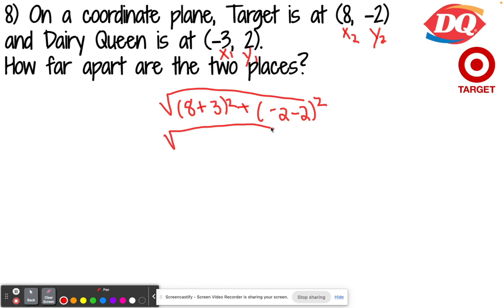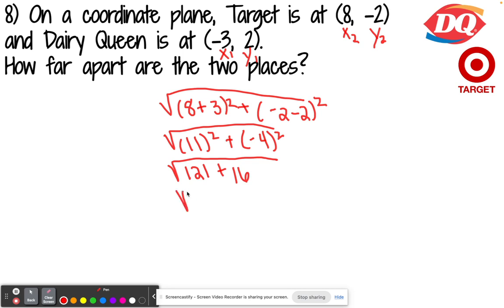Square root of 11 squared plus -2 minus 2 is -4 to the second power. 11 to the second power is 121. Negative 4 to the second power is 16.